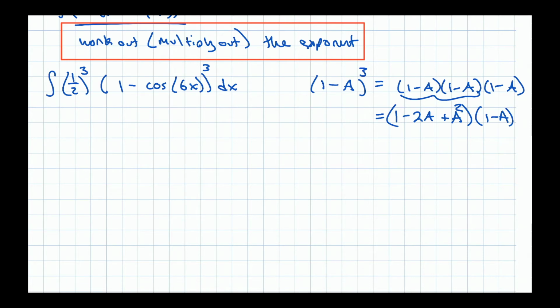Let's rewrite this previous line here. All right, so multiply the 1 through, you get 1 minus 2a plus a squared. Squared, not cubed. Then you multiply the minus a through, and you get minus a plus 2a squared, and then minus a cubed.